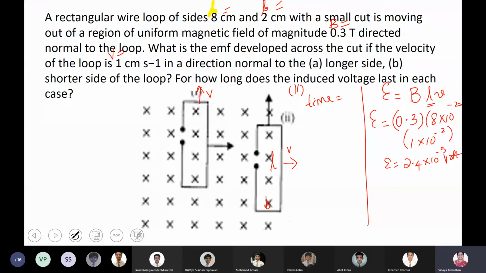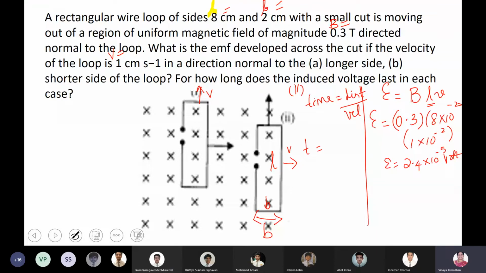Now in case 2, you can see the edge of the coil is almost near the edge of the magnetic field, so it's going to leave the magnetic field. Till it completely leaves the magnetic field, EMF keeps being induced and current flows. Now how long will the EMF persist in the loop? Till it travels a distance of b meters. Is that clear, boys?